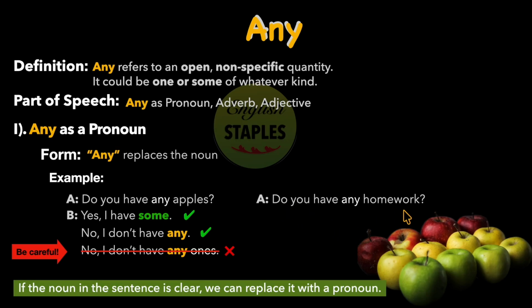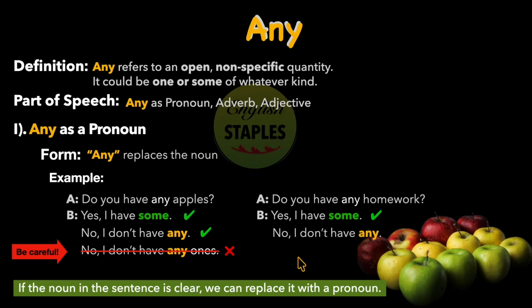Do you have any homework? B responds, yes, I have some. Some is a substitution for homework. So some is the pronoun for homework. That's correct.